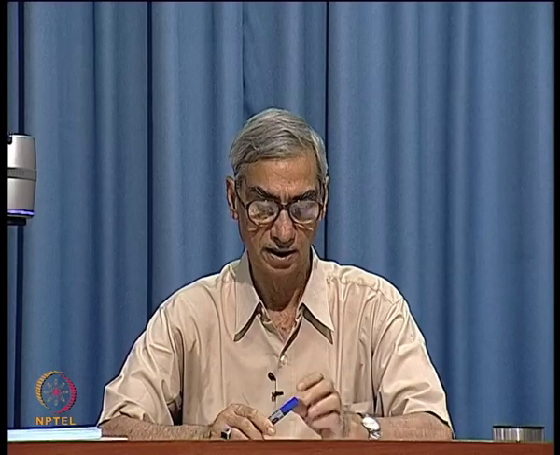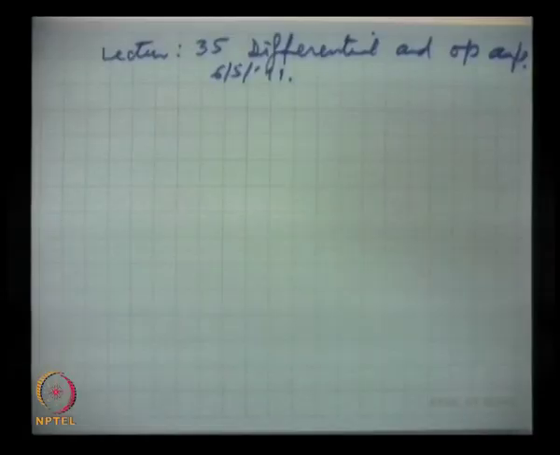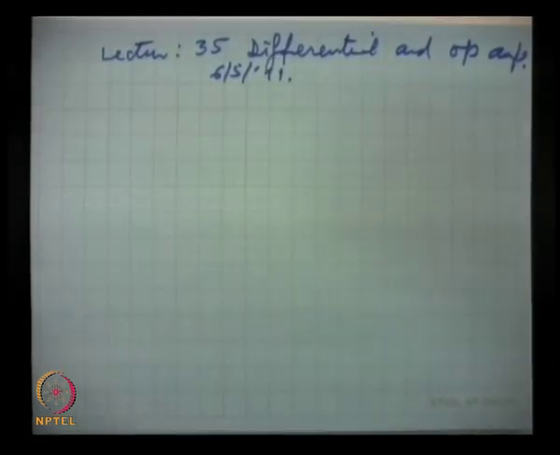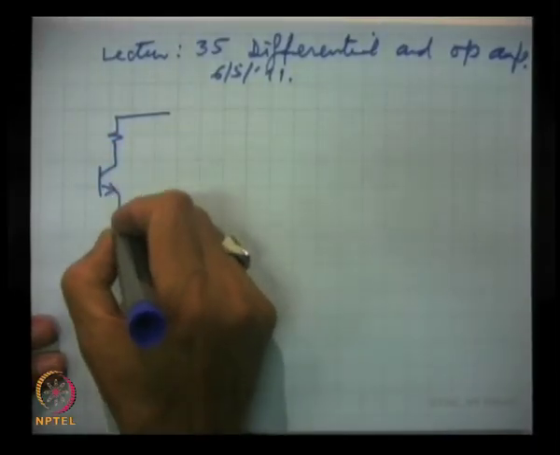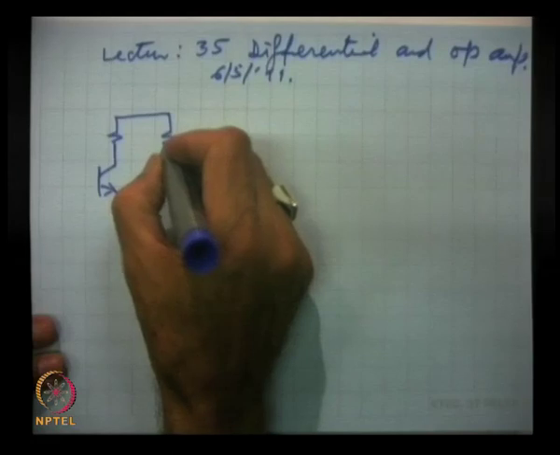Continue our discussion on AC analysis of differential amplifier, and the basic circuit for the differential amplifier was this, containing two transistors.